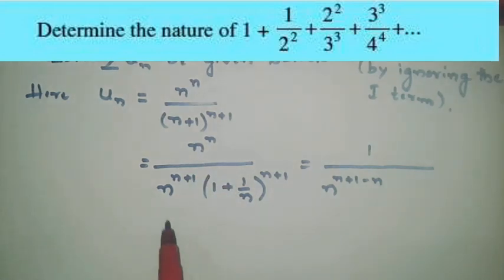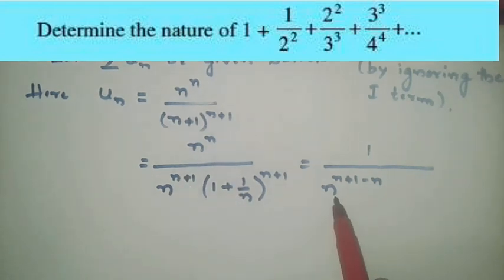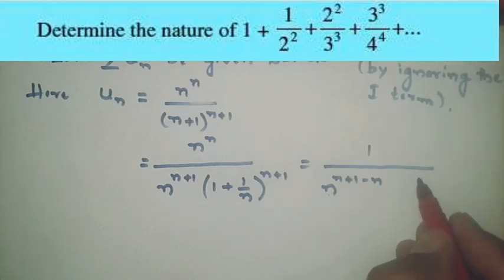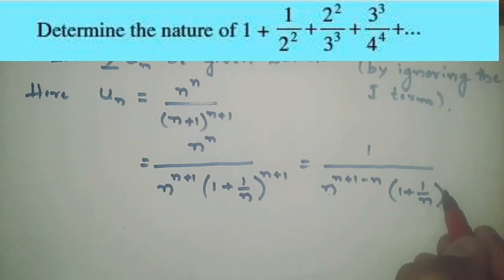Otherwise we can say it can be written as n to the power of n into n. So n to the power of n cancelled, only n remains. The same thing is going to be here, that is n to the power of 1, that is n will be remaining here also.